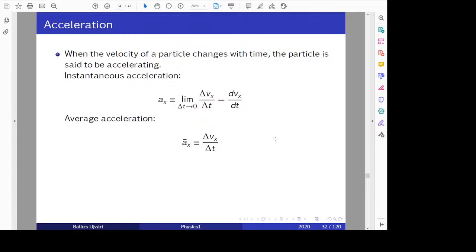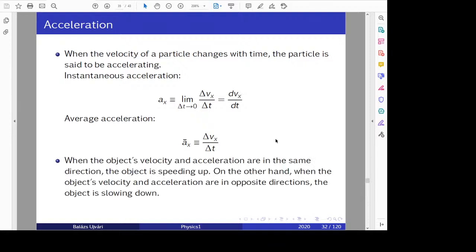And if we also take this limit as delta t goes to 0, we can derive the v function, and you can have the acceleration. We can talk about acceleration, deceleration. If the acceleration is positive, it means the velocity of the particle will be bigger and bigger. If the acceleration is negative, the velocity of the particle will be smaller and smaller.